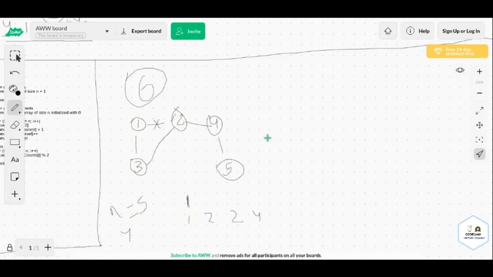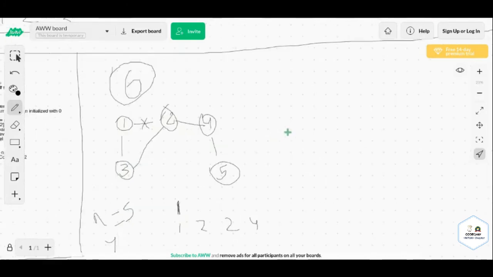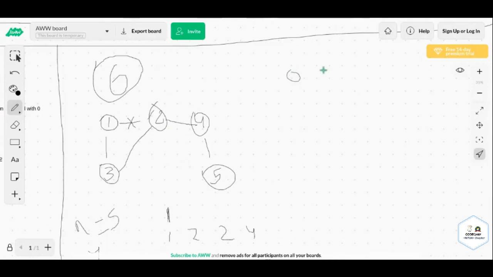To explain this problem, we need to cover some basics of graphs. So let's say these are nodes. We are covering graphs, right? So these are a total of 6 nodes, and we call this a graph. What is a graph? A graph is a set of vertices, that is nodes, and a set of edges.